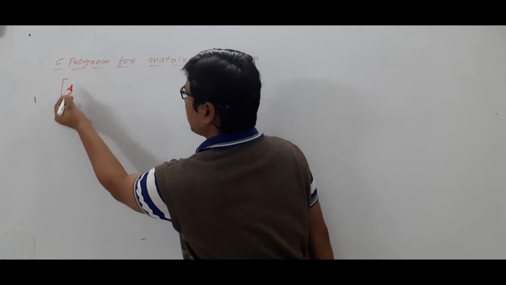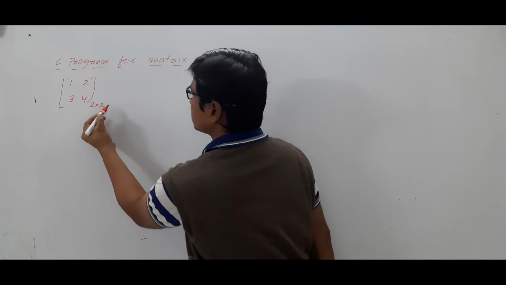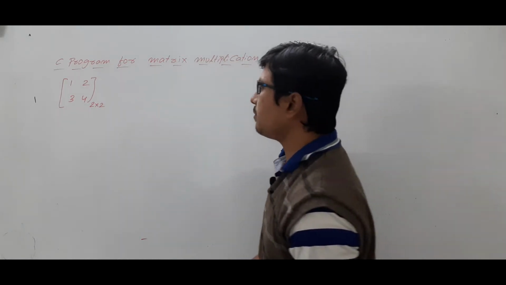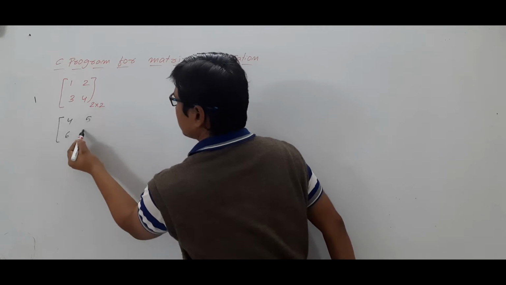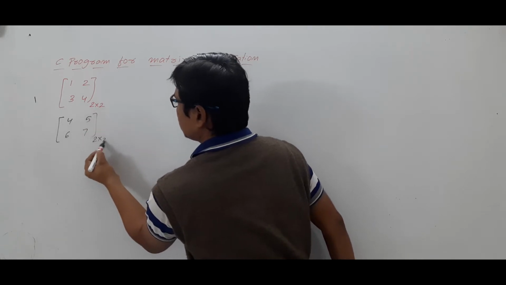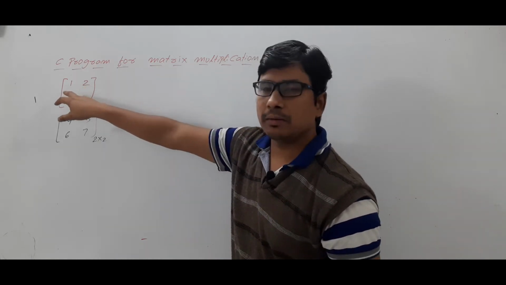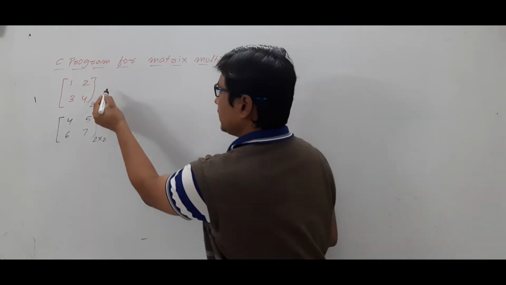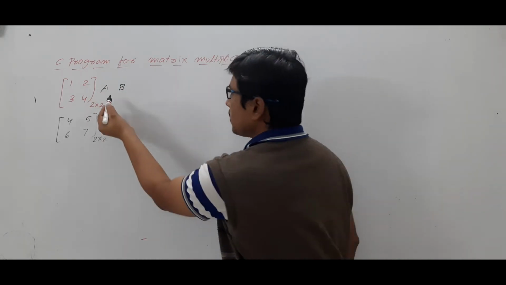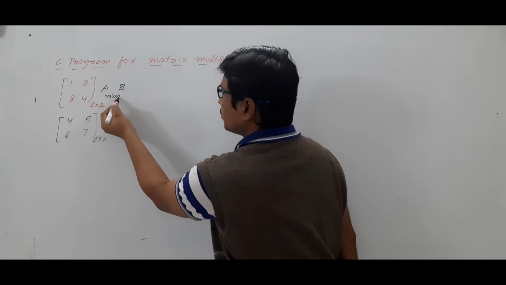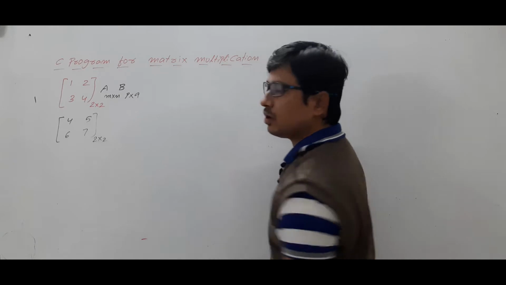Suppose you have a matrix A which is a 2 by 2 matrix, and then you have another matrix which is 4 5 6 7, also 2 by 2. Remember one point: if you are performing matrix A into matrix B, let's take that matrix A has m rows and n columns, and matrix B has p rows and q columns.